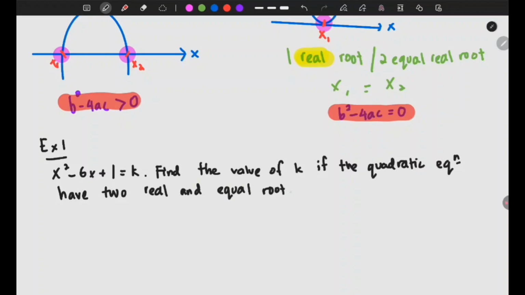So how are you going to find? This is the common type of question that you will see for types of roots. So x squared minus 6x plus 1 equals to k, and find the value of k if the quadratic equation has two real and equal roots.